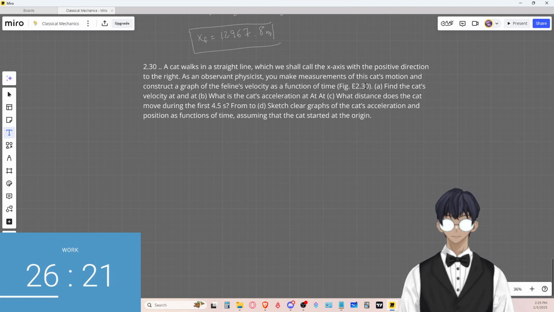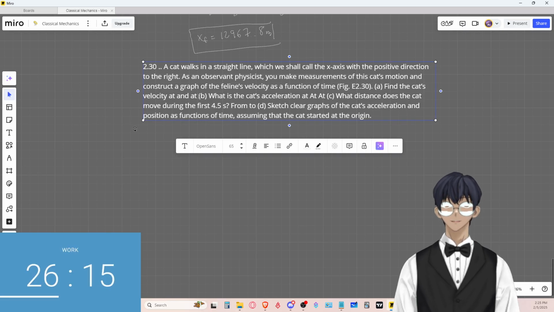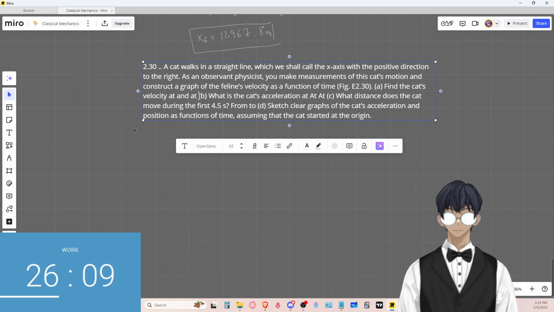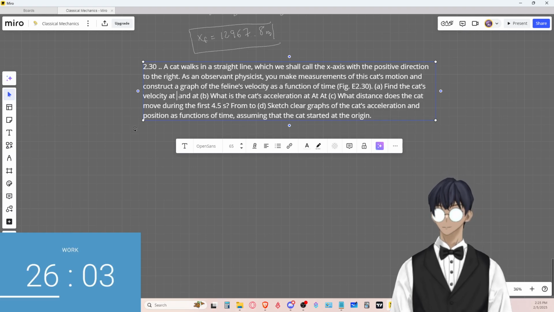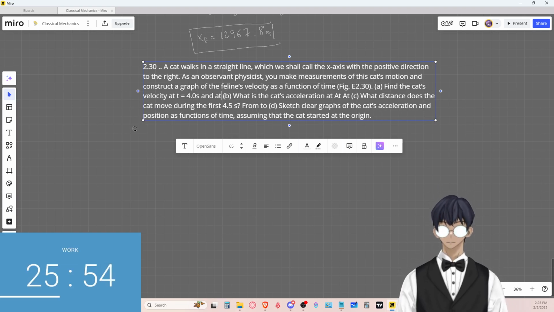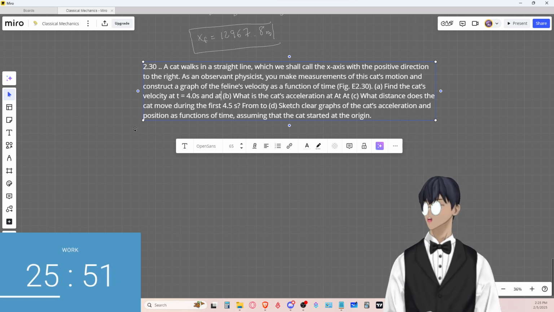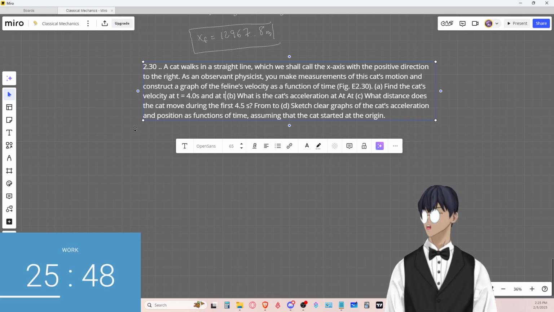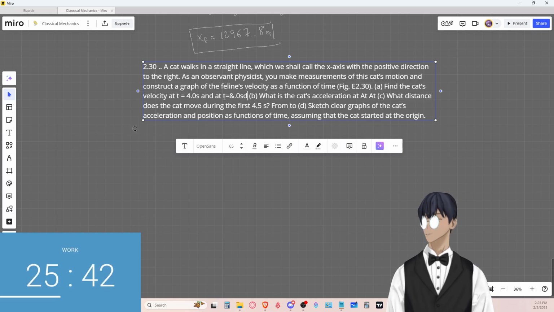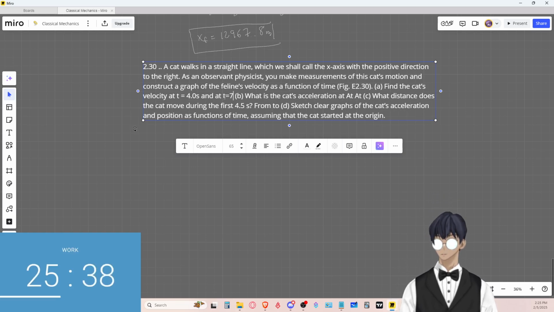Find the cat's velocity at... yeah, they didn't copy the numbers here, so... at t equals 4.0 seconds. And at t equals 7.0 seconds.